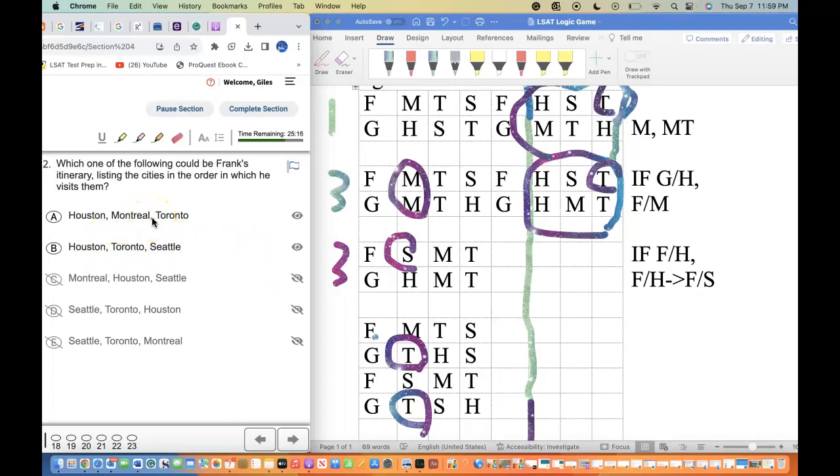Okay. Now for HTS, I really don't see the HTS. Let's see for HMT. Let's see if we can see it. Okay, HTS I can see here.